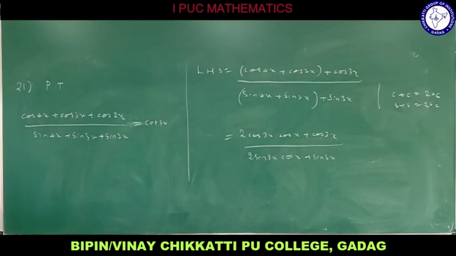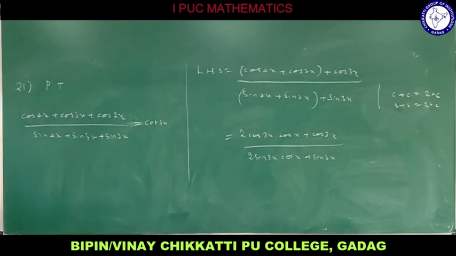When you take common, what will be the result? In the numerator we have cos 3x (2 cos x + 1), and in the denominator sin 3x (2 cos x + 1).